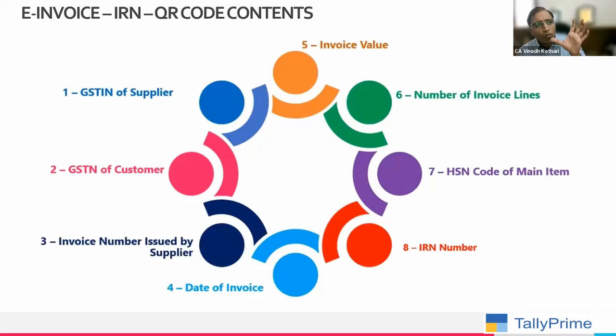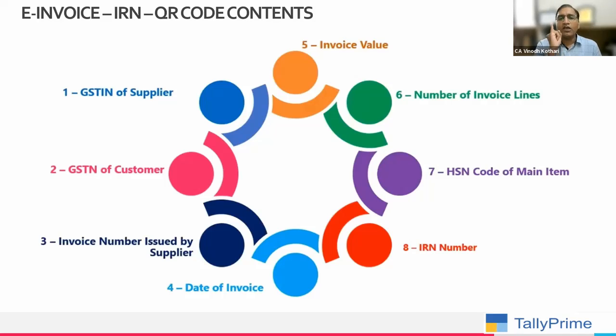And I said that once you upload the data, you get the IRN number. Along with the IRN number, you get the QR code. In this QR code, 8 details are available when you scan it.